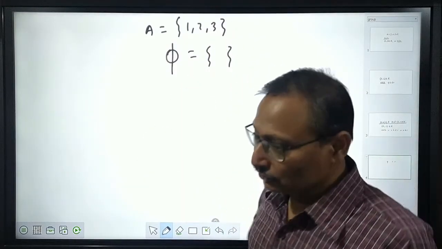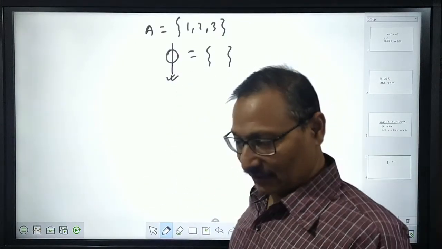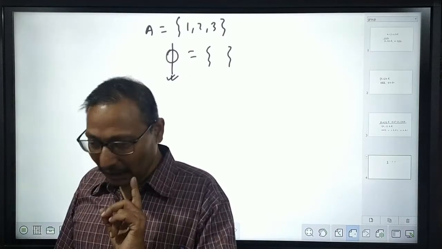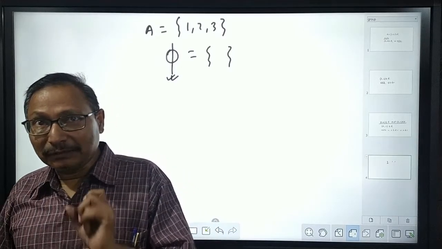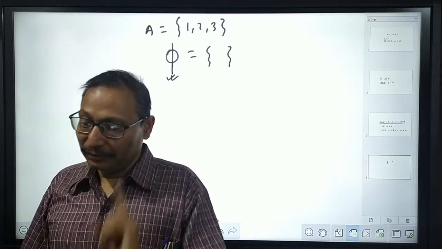Now, first of all, check whether this null relation is reflexive or not. Mind it, I just told you, to check reflexivity, we are to pick an element from the given set.